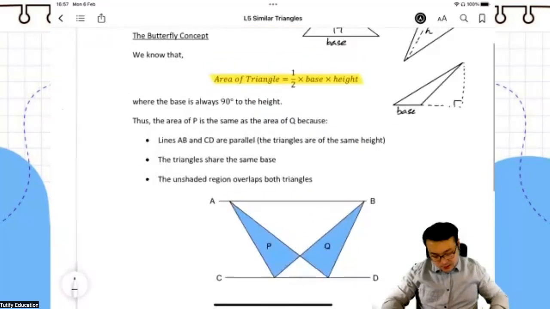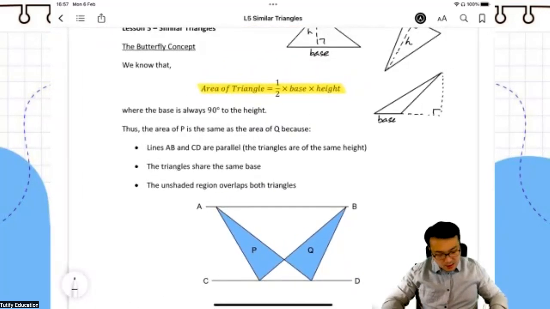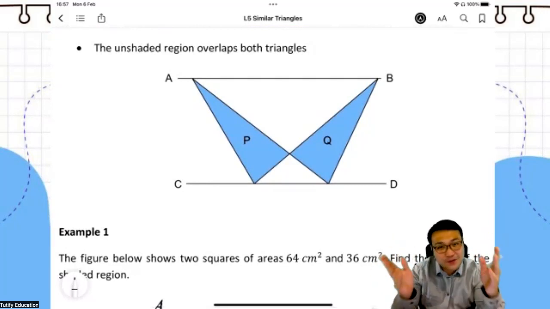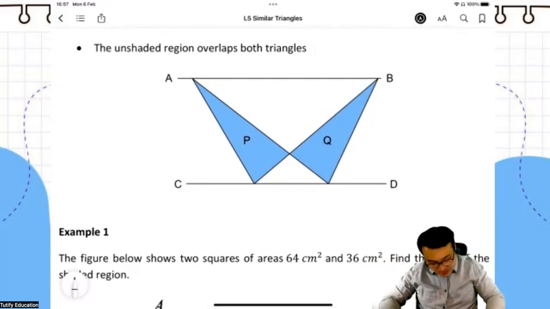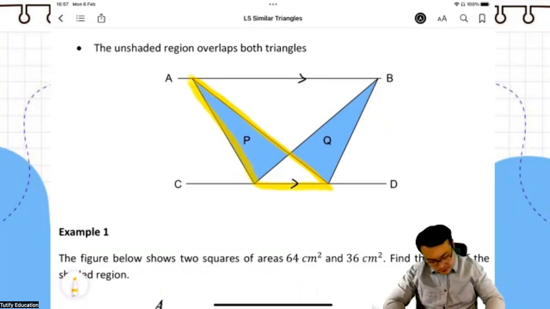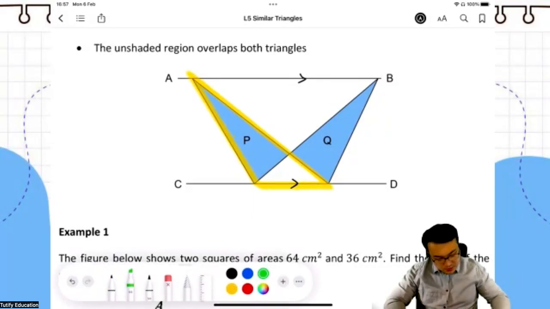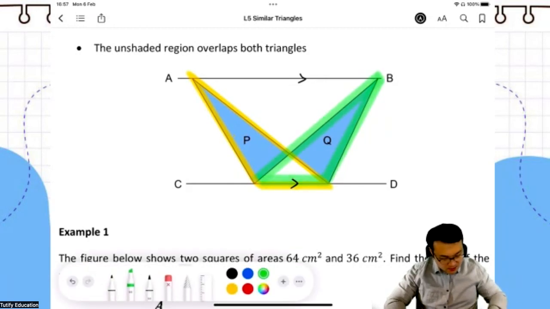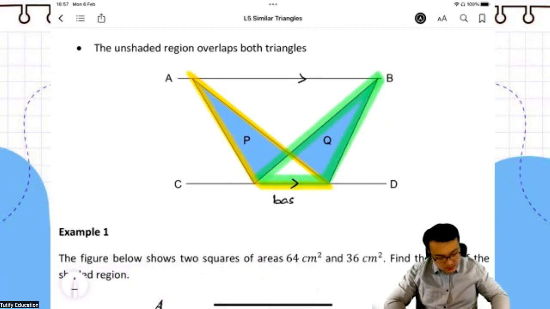Now, students, this is the butterfly concept. We call it butterfly concept because it looks like the wings of a butterfly. Now, we have a set of parallel lines. Okay? And if I were to draw this yellow triangle, and I were to draw this green triangle, you will notice that both of them share the same base.